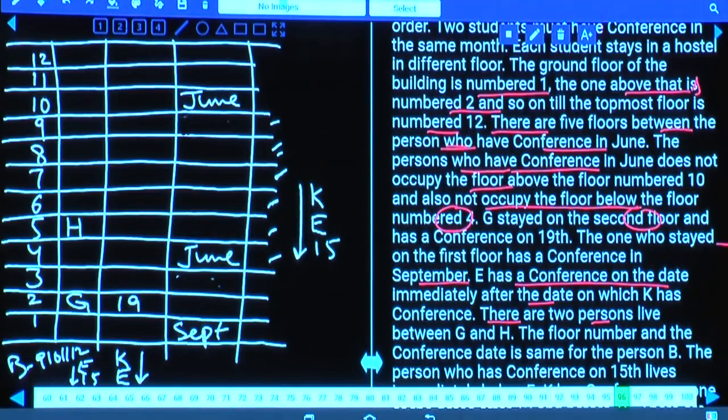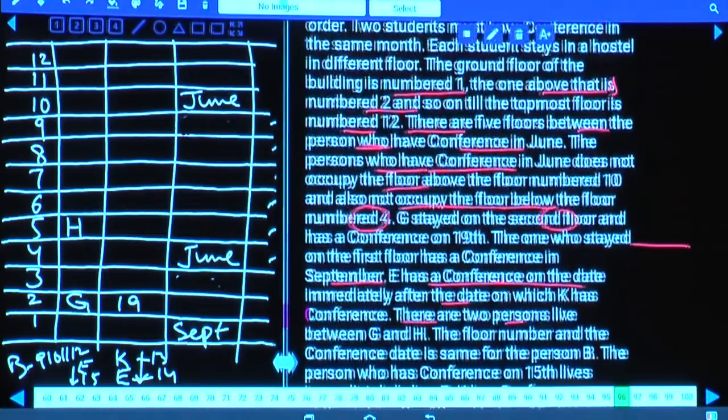K, 15, this is 14, this must be 13, because these three persons are consecutive. As K, E, and this is 15, what is the value of this K? K is on the 13th, and E is on the 14th, and the person on the 15th must be below this. Have you followed this or not? K 13th, E 14th, and 15th.